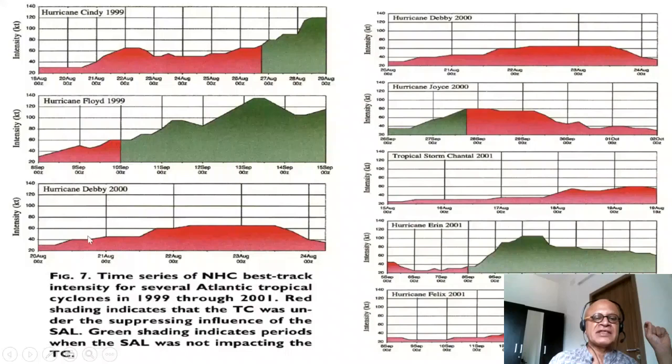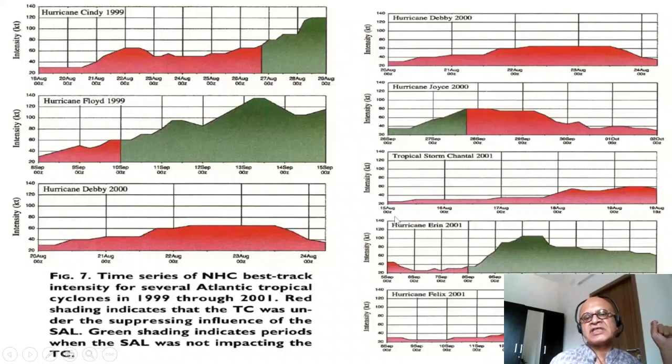One of them, Hurricane Debbie, had basically remained in the influence of SAL the whole time, and its intensity remains relatively weak compared to the ones that came out. Hurricane Joyce started strengthening and then the SAL seems to have suppressed it. Tropical Storm Chantal, weak. Hurricane Erin that we just looked at came out of the SAL influence and grew, had a good life cycle, and Felix as well.